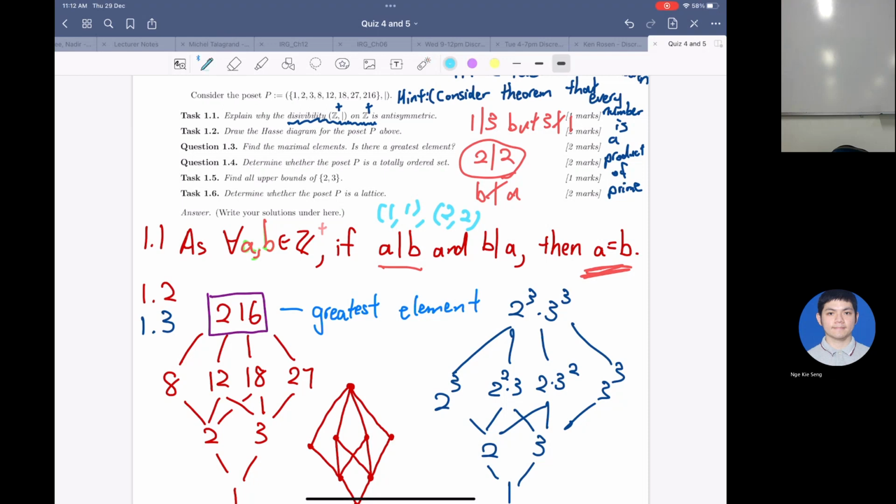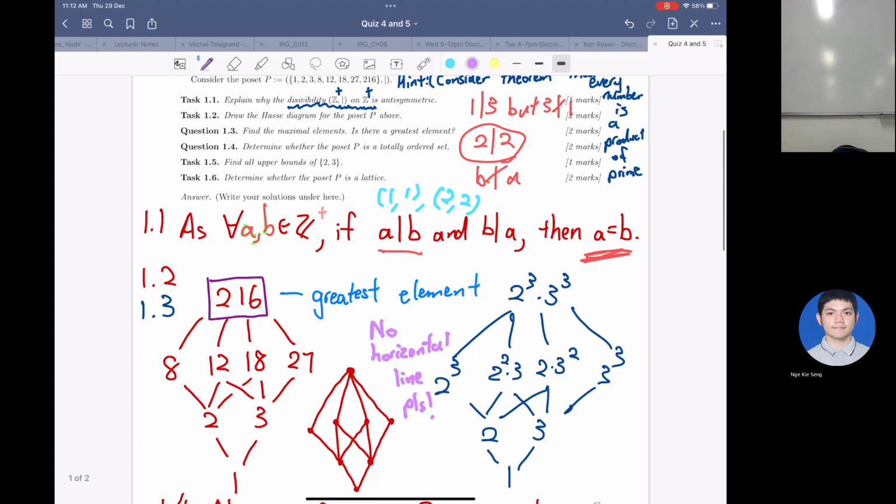And no horizontal line. Every line is going up. That's why we remove the arrows, because we know that every line is going up. No horizontal line. No relation in a poset is equal.